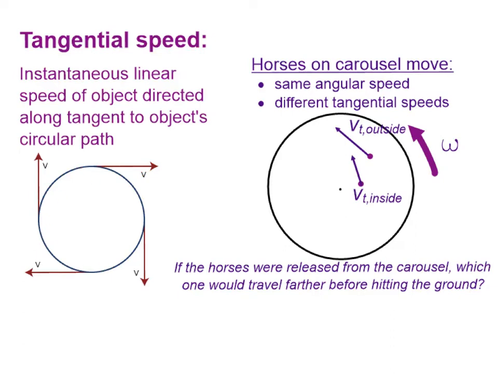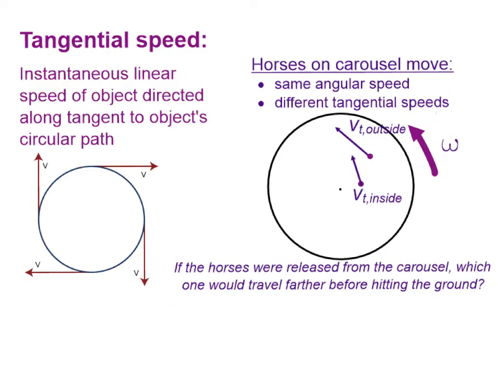Again, let's think about our horses on the carousel. Remember that because it's a rigid object, any two horses attached to the carousel have the same angular speed and angular acceleration, regardless of their distances from the axis of rotation. If, however, like in this example, the two horses are at different distances from the axis of rotation, right here, then they are going to have different tangential speeds.